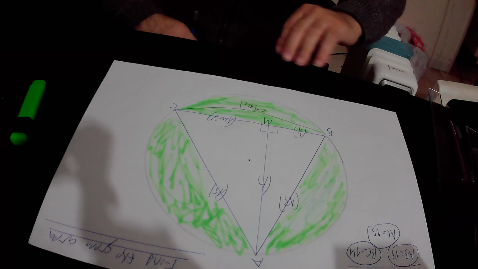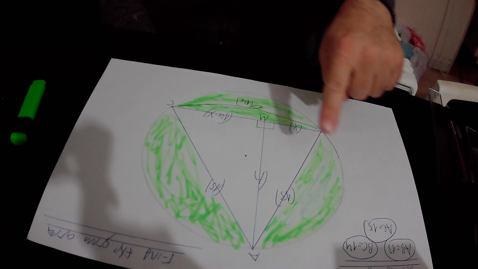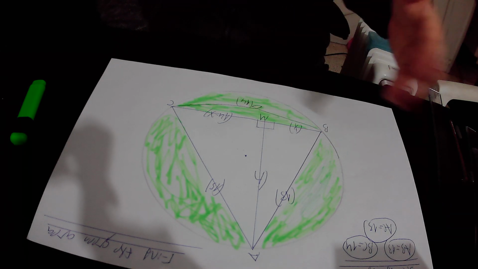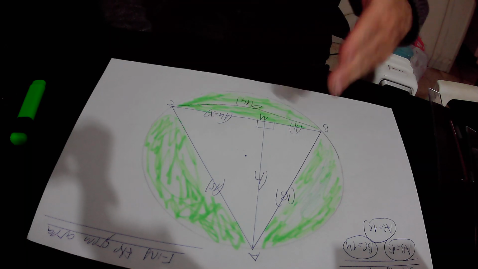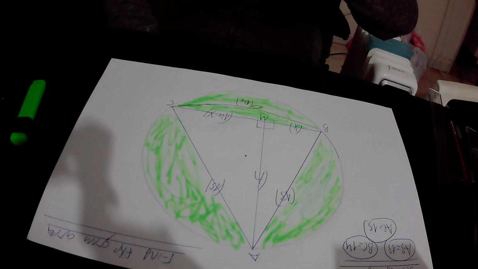In the next step, I will copy the right triangle ABM in a new page, and we will implement on this right triangle ABM the Pythagoras theorem.